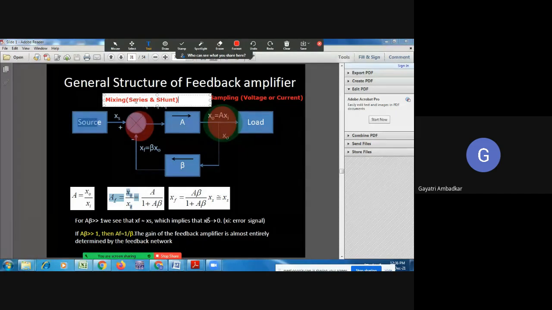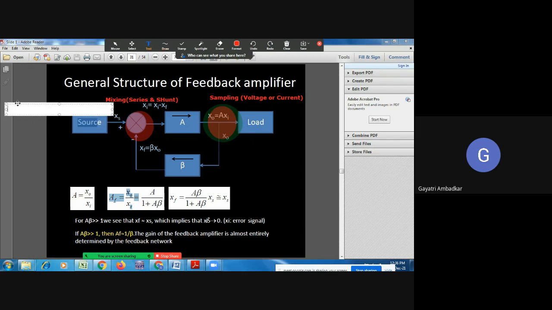When you say it is series mixing, you are actually mixing the voltages, this voltage and this voltage. जर तुम्ही voltage mix केलं तर series mixing असते, or I'll say series mixing मध्ये voltage mix केले जाते. And when you say shunt mixing, to form a shunt node, shunt म्हणजे node form होतो, so that time you are mixing the current. सॅम्पलिंग मध्ये काय काय सॅम्पल होतात? एक तर करंट, सेकंड is voltage, right?